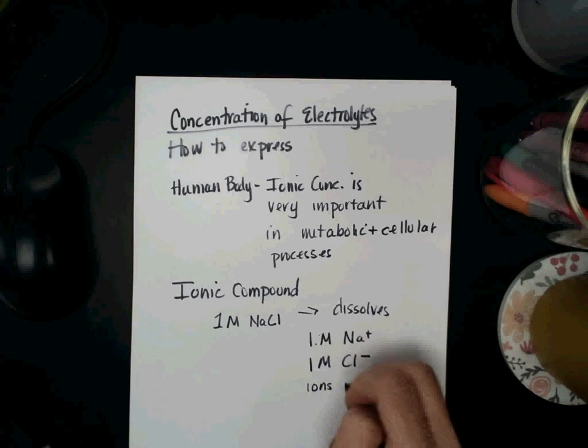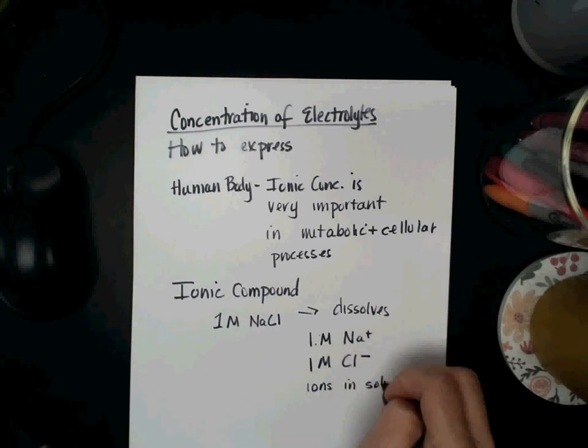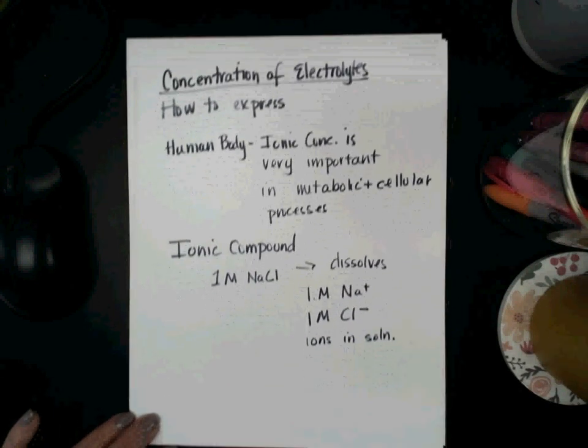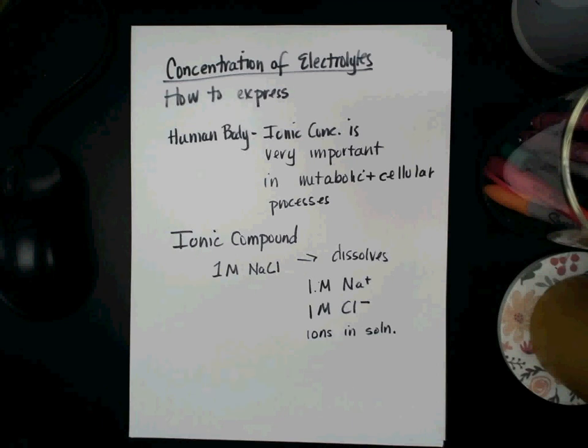Ions in solution. That's how you would explain that if you were asked to discuss the ion concentration of electrolytes in a 1 molar solution of sodium chloride. Now, let me give you another one.